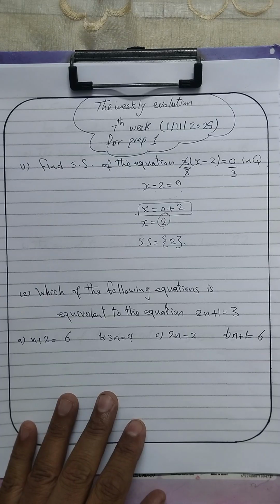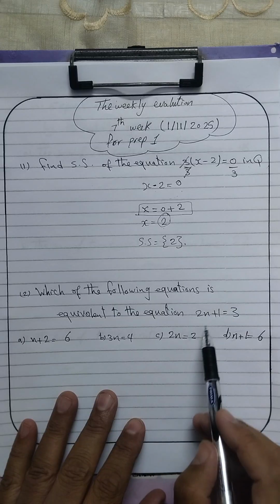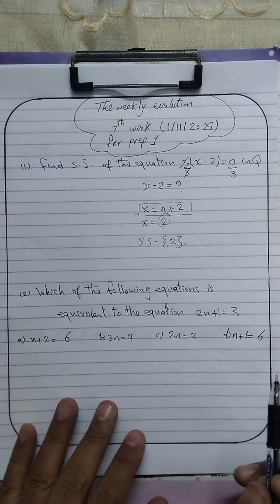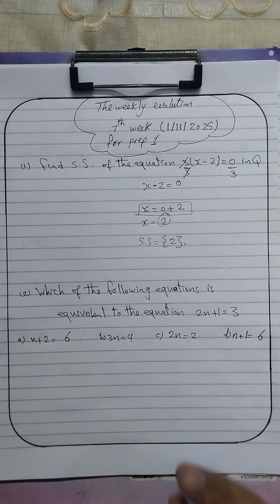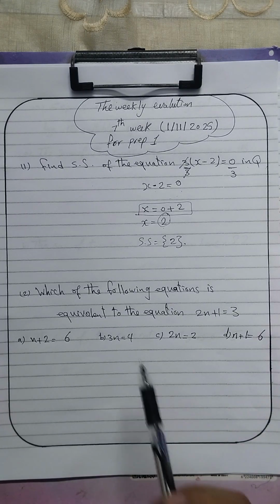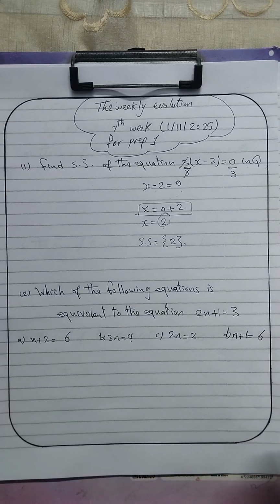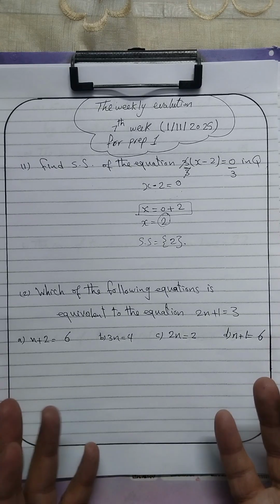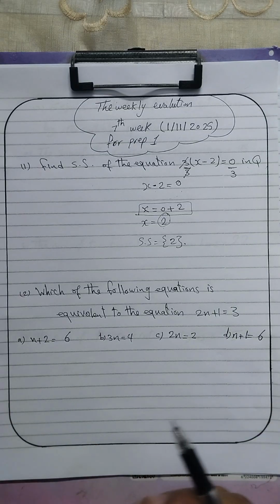The second question: which of the following equations is equivalent to the equation 2n plus 1 equals 3? I have 4 equations, and I'd like to pick one of them which is equivalent to the equation 2n plus 1 equals 3. So first, we should ask when the two equations are equivalent. They are equivalent if they have the same solution set.